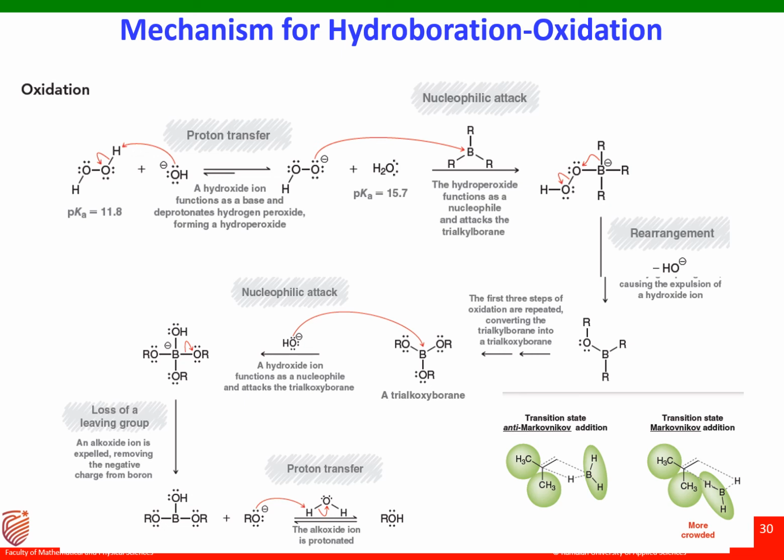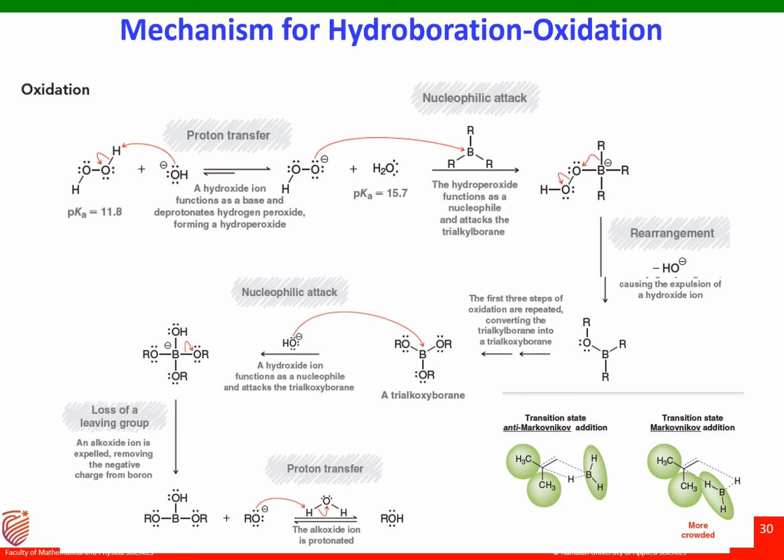A hydroxide ion functions as a nucleophile in the next step and attacks the trialkoxy borane, leading to the further loss of a leaving group, which is the OR group, that is, the alkoxide ion is eliminated, removing the negative charge on the boron.